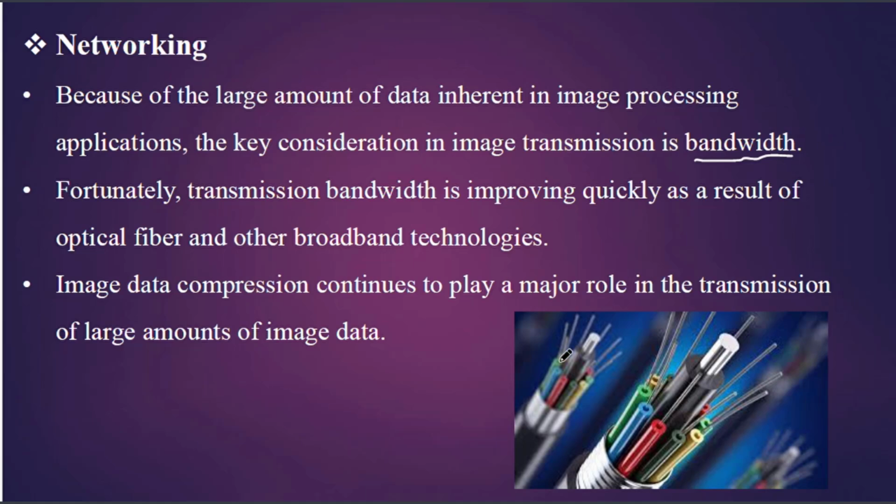Image data compression continues to play a major role in the transmission of large amounts of image data. What is the need of image compression? As the image occupies a lot of space, to transmit it as it is, we need a lot of bandwidth. So if you compress the image, then automatically it will occupy less space, so that we can transmit that using less bandwidth. That is the main point here in the networking concepts.